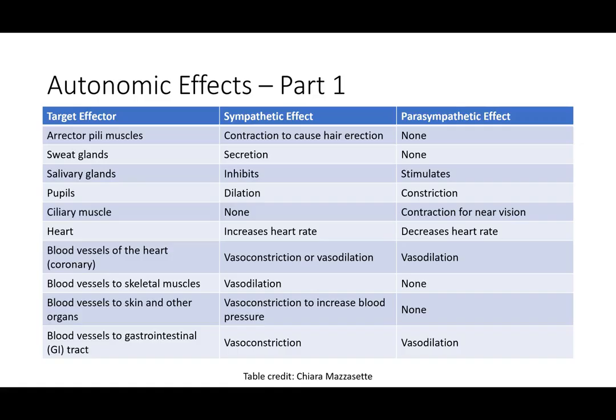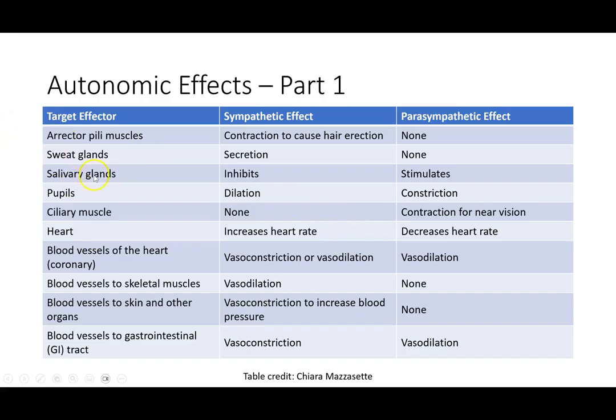So here is a table summarizing some different autonomic effects from the sympathetic and parasympathetic divisions of the nervous system. So kind of comparing, seeing what has innervation of just one of those divisions and what has innervation from both divisions. And again, usually we're going to have opposing effects.